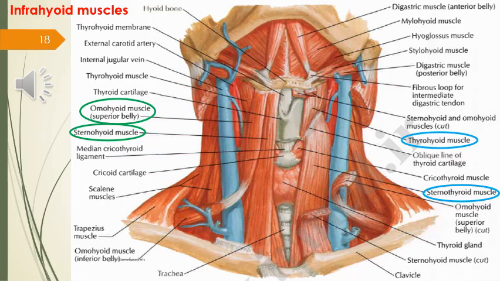The first 2 muscles are in the superficial layer, and the second 2 muscles are deep to the superficial, and these muscles are very simple to understand.